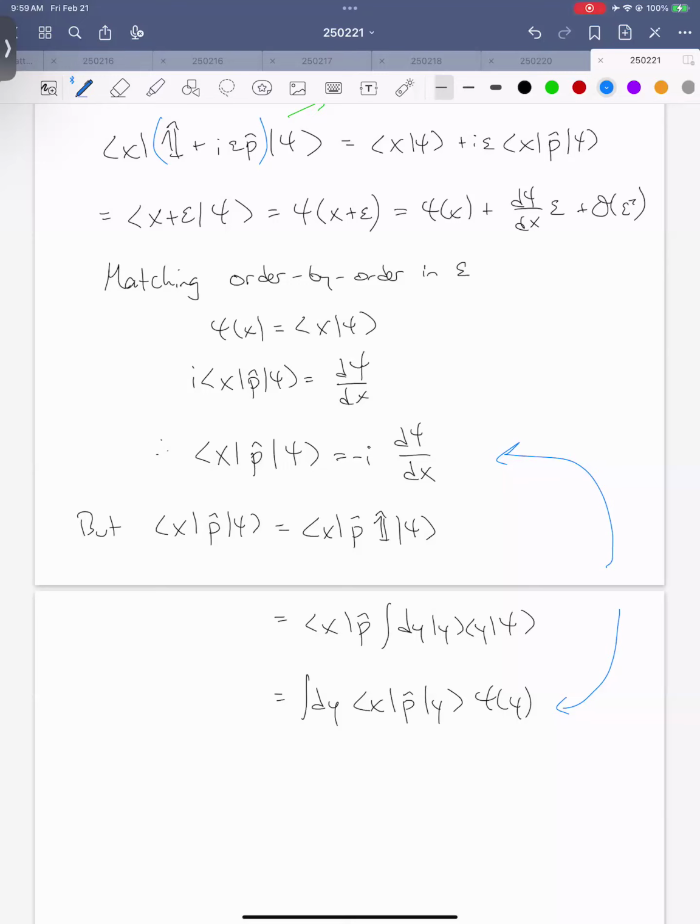You say it's a function of y. Yep, good. And all good? Great. Everybody felt comfortable with that?